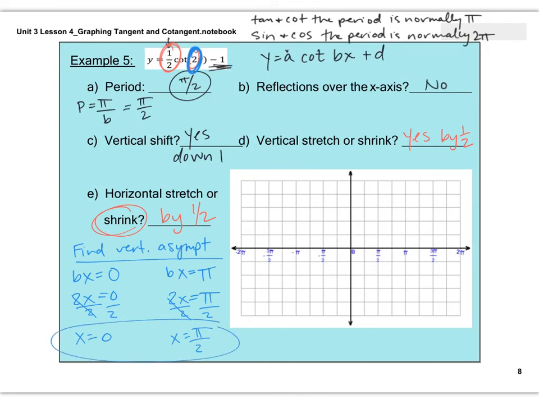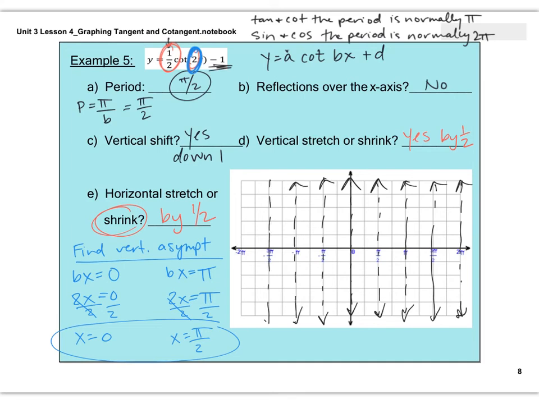These will be the first two vertical asymptotes. So at 0, we're going to put a dotted line, and at pi over 2, we're going to put a dotted line. And then we're going to repeat that, it looks like, every 2 boxes. Yep, you've got to fill in the whole graph.